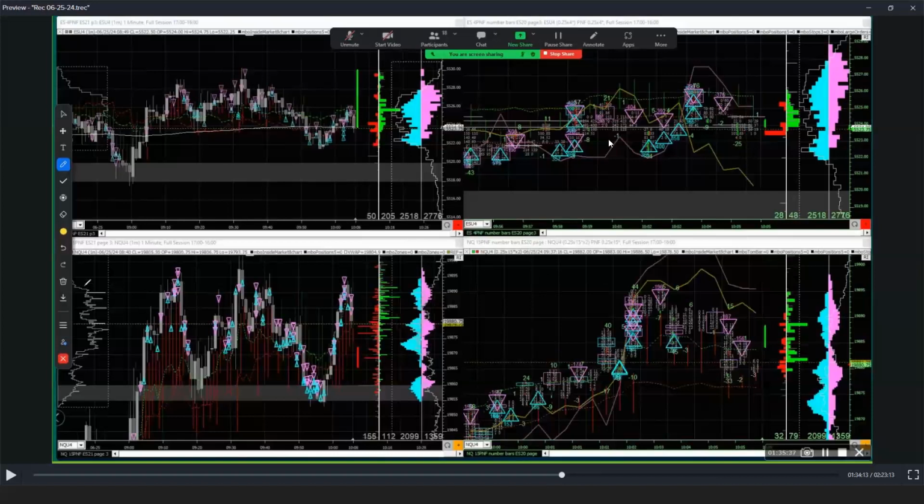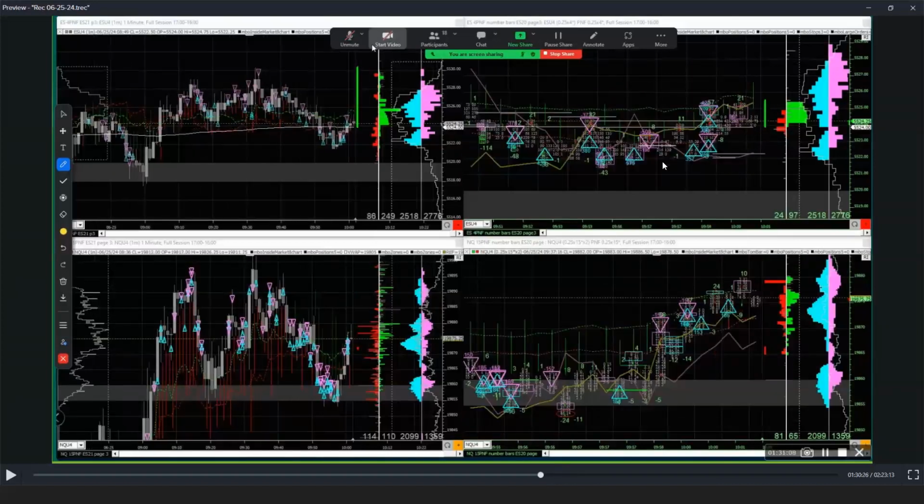This is where David lowered this one to 350. That's why you see the frequency go up and the amount of triangles also go up.